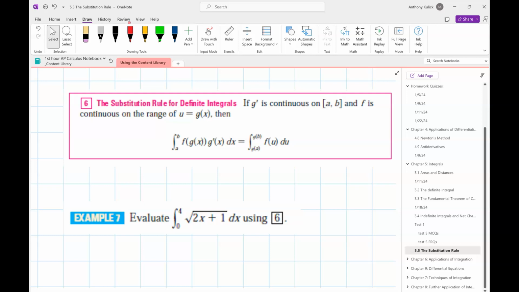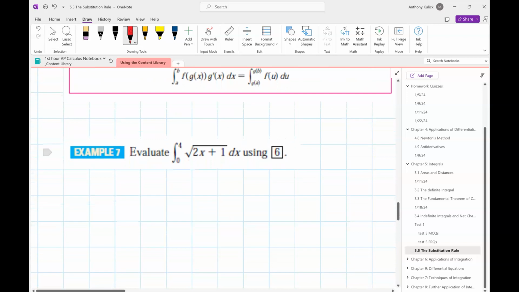That's kind of the natural thing to do. The other option is we can update our bounds of integration and never plug u back in, which if you're doing it by hand can be quite helpful. So let's see what this looks like in comparison of the two methods on this next example. Sound good?